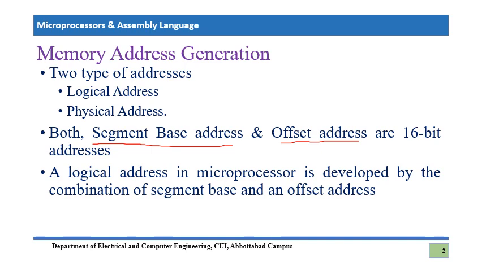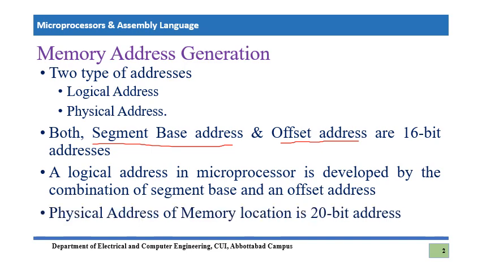But in physical memory we have a 20-bit address, right? In physical memory, each slot has a 20-bit address. But to access that 20-bit address, the microprocessor uses two different addresses: the segment base address and the offset address.